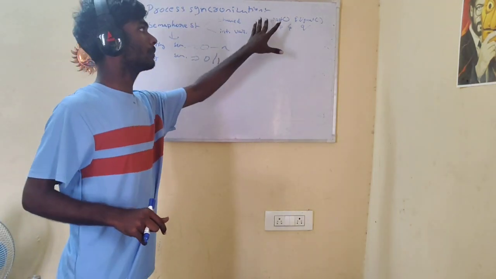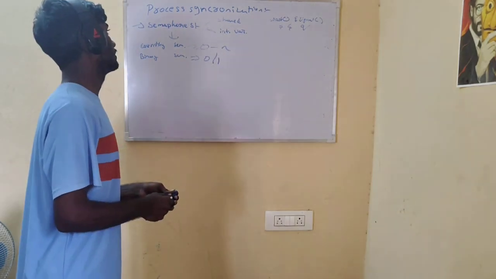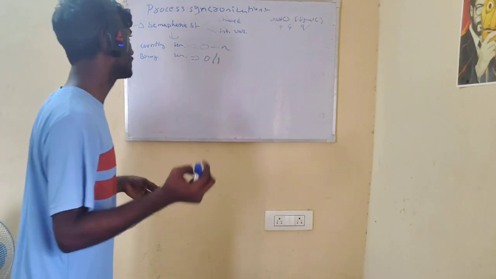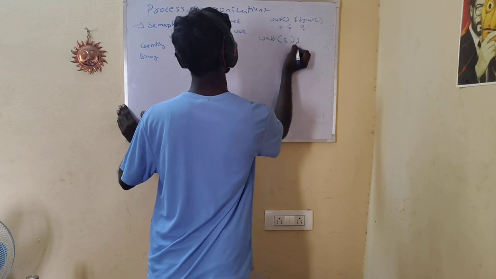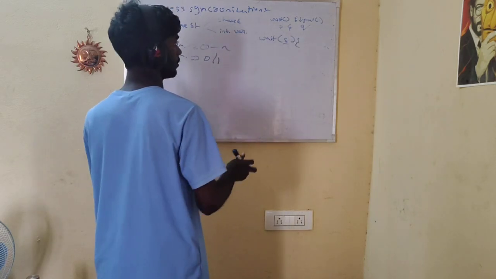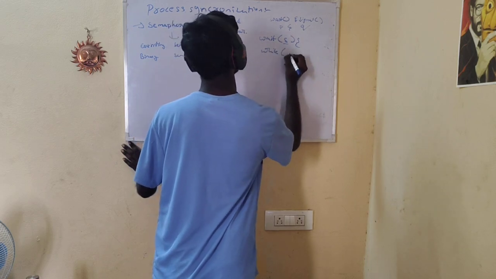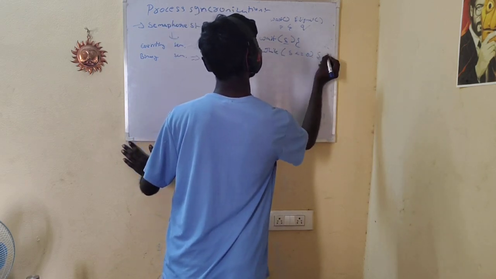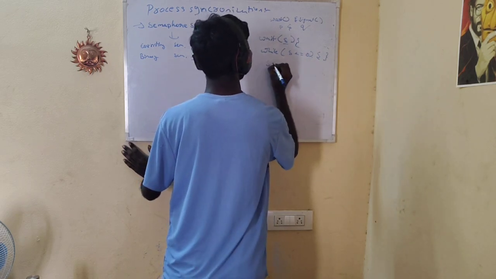Whenever we call the wait function, we internally check if we have at least one available instance. The structure of the wait function is: we pass the semaphore, wait of S, where S refers to the semaphore, while S less than or equal to 0, an infinite loop, and after this S minus minus.